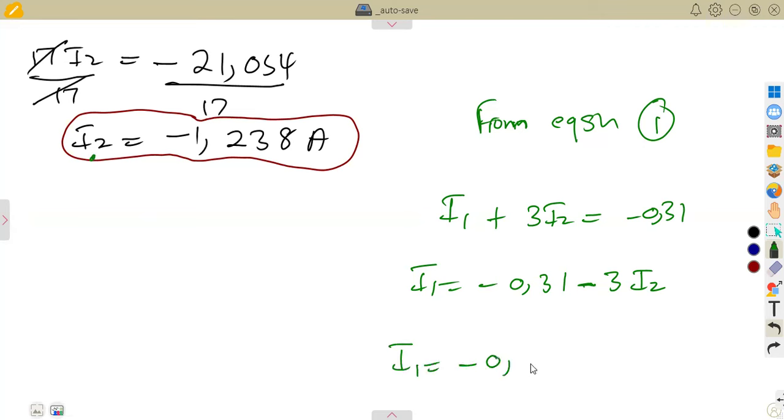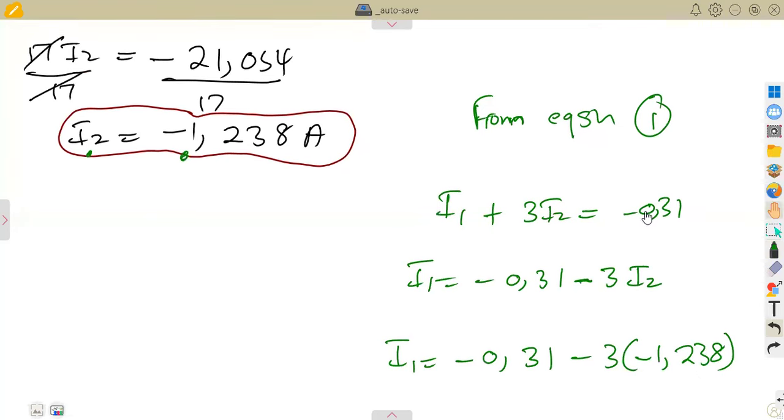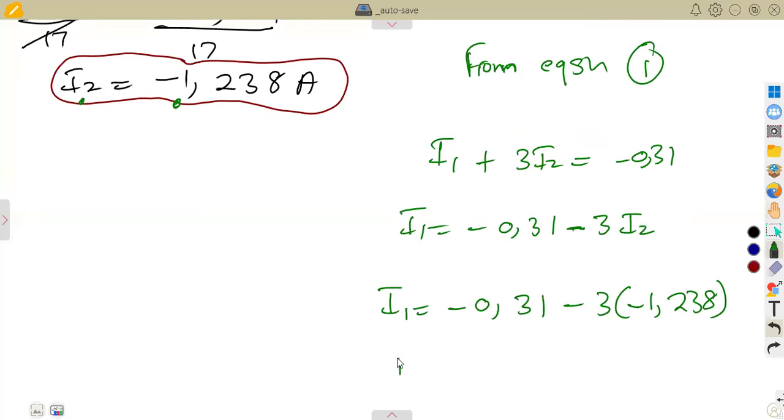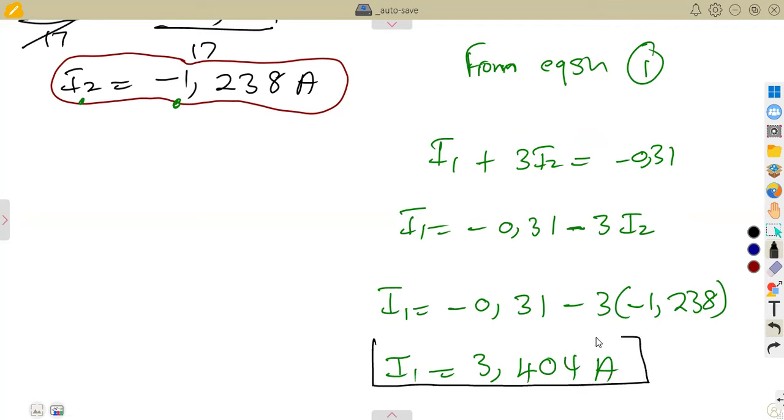That's minus 0.31 minus 3 times I2, which is the value that you obtained of minus 1.238. So if you simplify, this is going to be a positive 3.404 amps at the end. So thus we have got our current one.